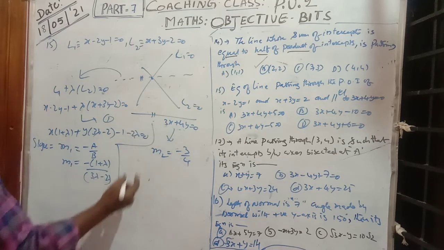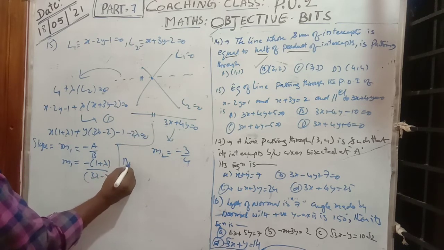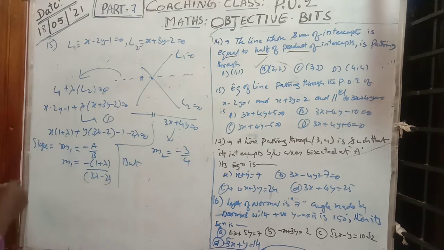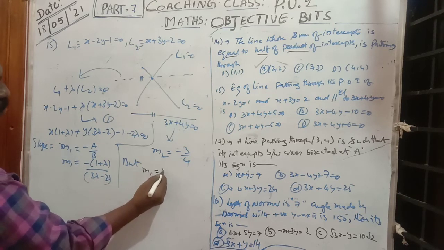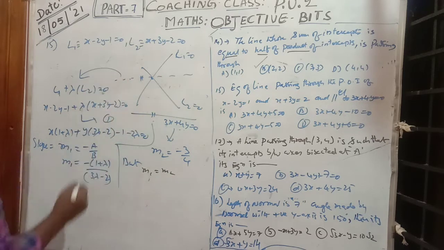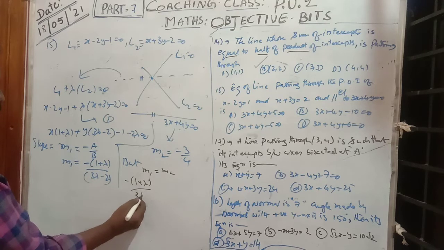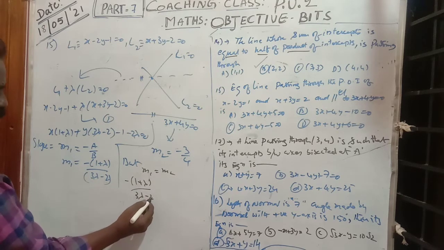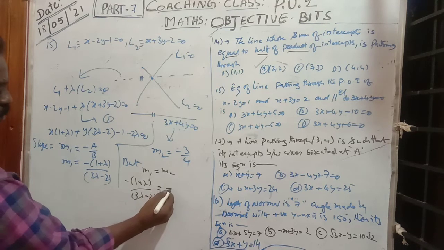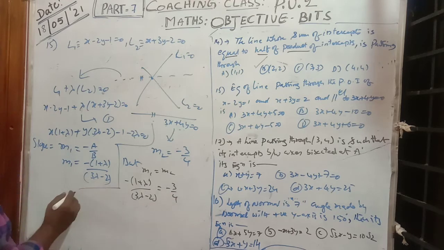Very clear. But we know that m1 is equal to m2, why? They are parallel. So minus of 1 plus lambda by 3 lambda minus 2 is nothing but minus 3 by 4.